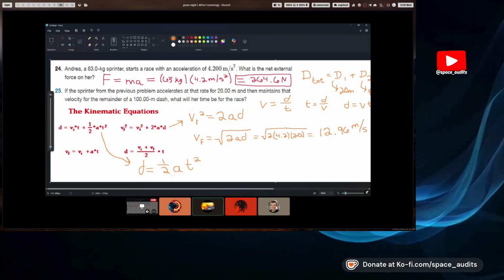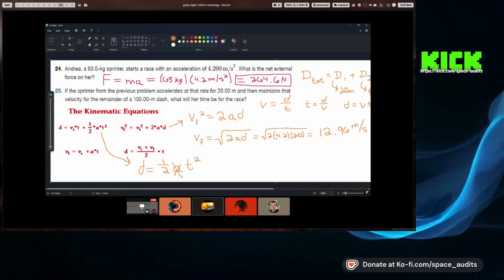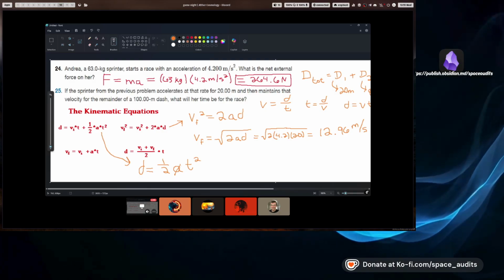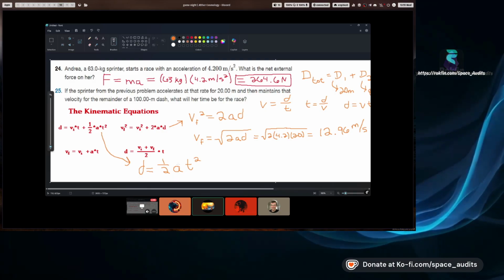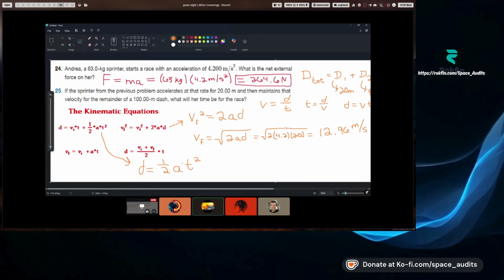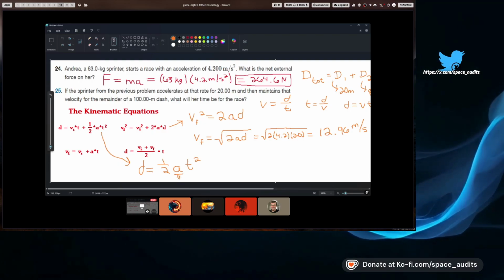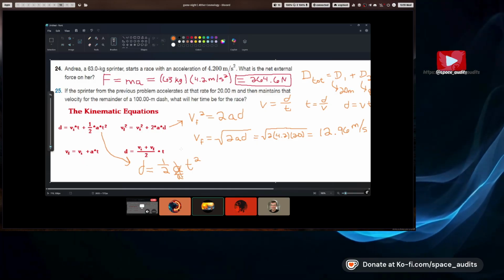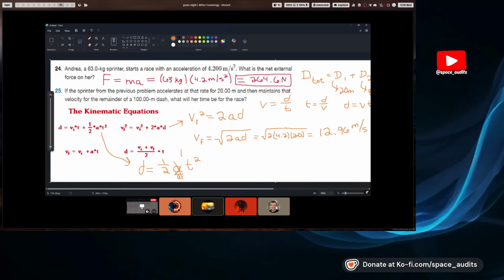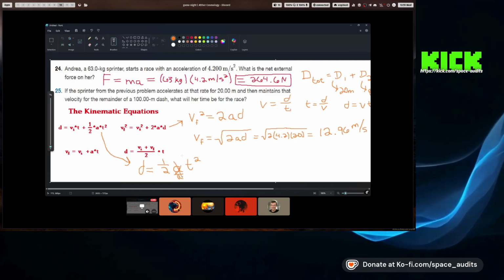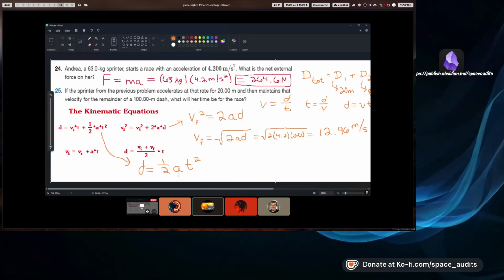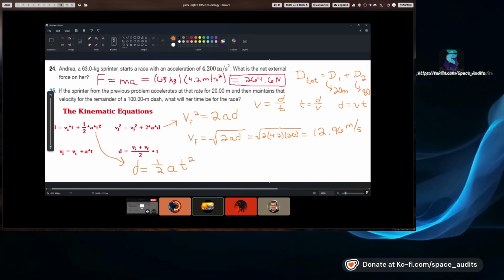Because we need to get rid of a over here. So to get rid of it, we divide it by itself because anything divided by itself is 1. And then anything times 1 is itself. So if we do a over a, that'll just turn into a 1. And then t times 1 is just t. So we want to divide by a. So we're going to divide both sides by a.